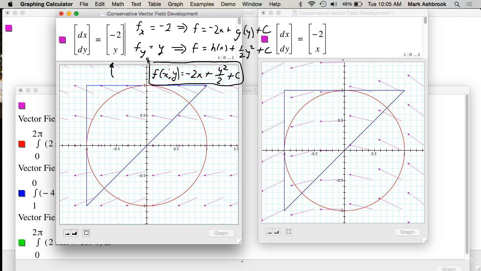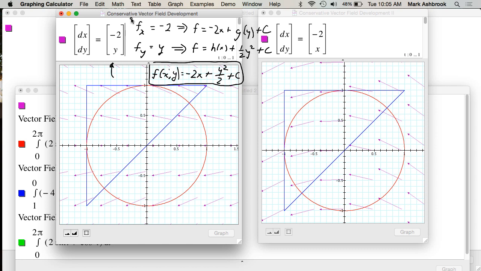So the gradient field is essentially the derivative of a multivariable function. So by finding the potential function, we're finding like the antiderivative of this derivative, right? So this is essentially the derivative, and that's the function from which it came.